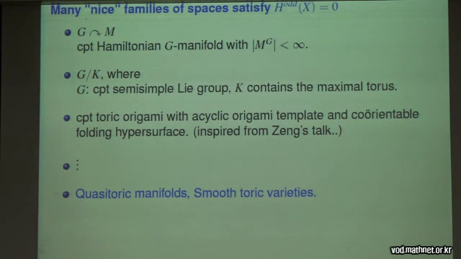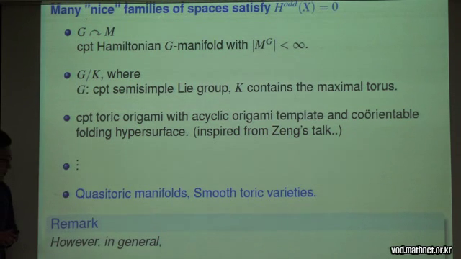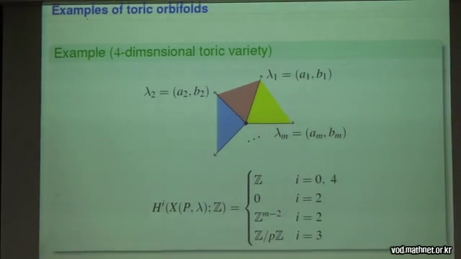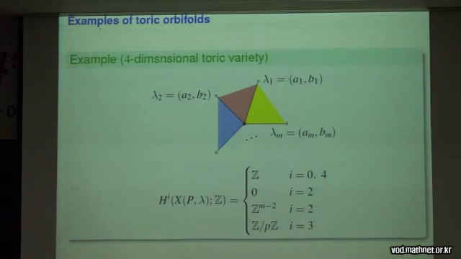But if we slightly generalize this category to orbifolds, then odd degree cohomology may not vanish. For example, this is just a simple 4-dimensional toric variety.